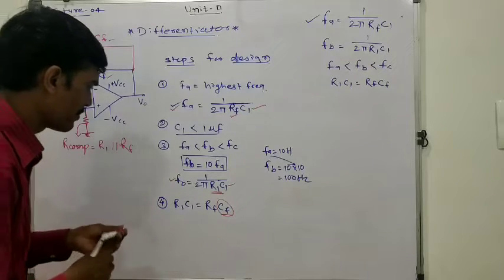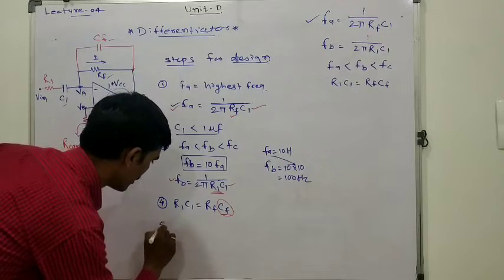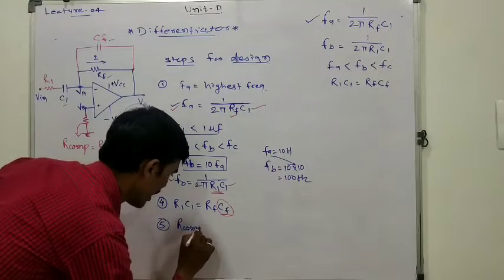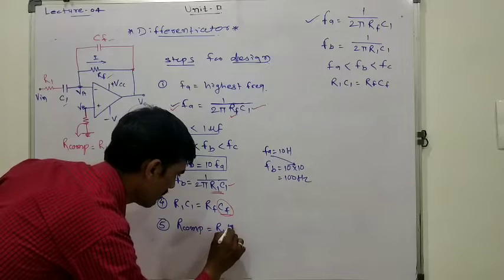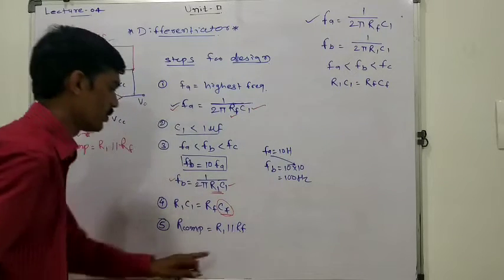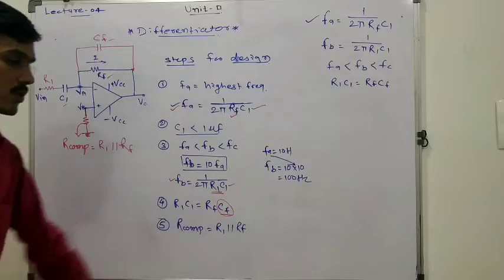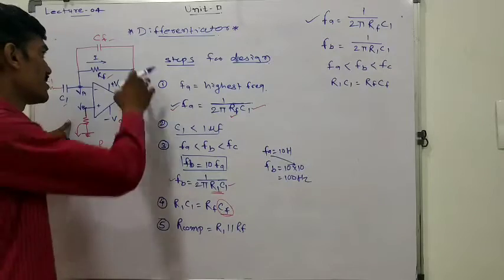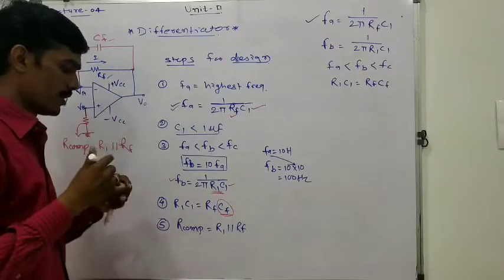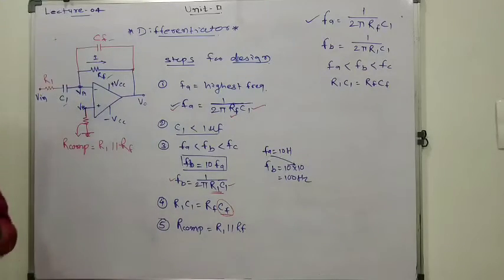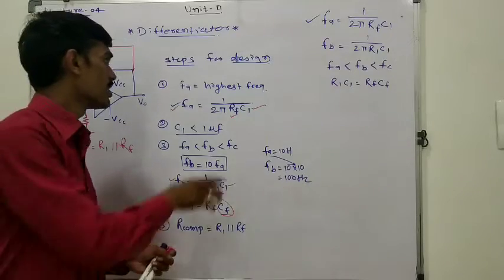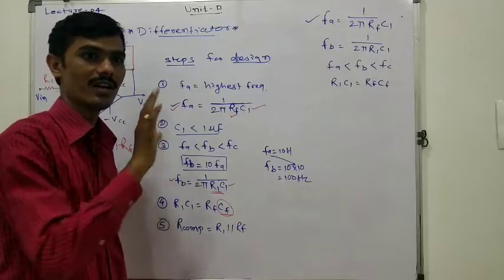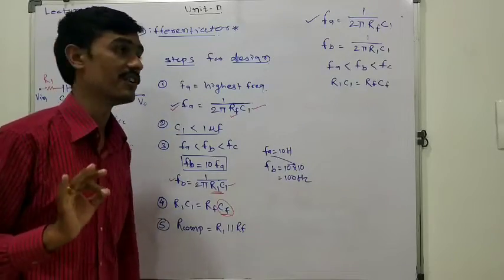So this is the fifth stage of designing a differentiator, that R compensating is R1 parallel to RF. Now we know the value of R1 and the value of RF, so by this formula we directly calculate the value of R compensating. So this is a generalized step. To design any differentiator circuit, we must know these 5 stages. If you know the 5 stages, you can design any practical differentiator.